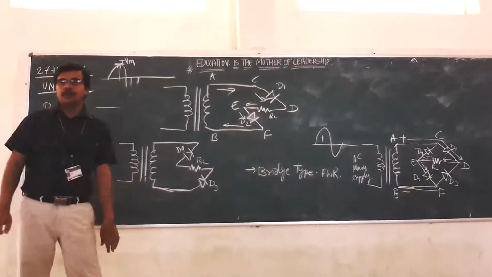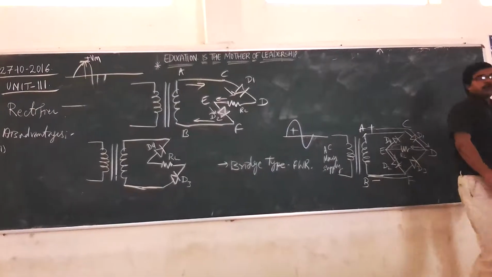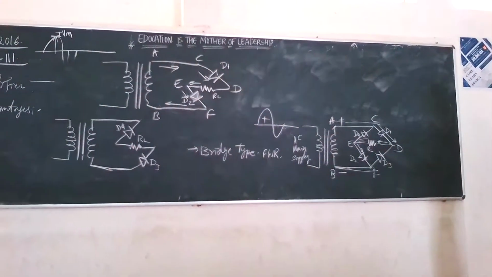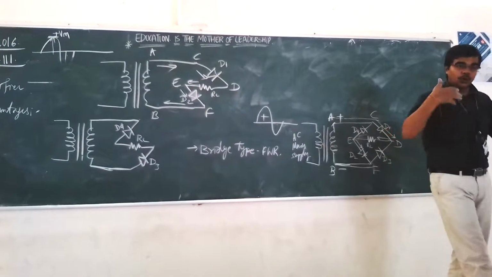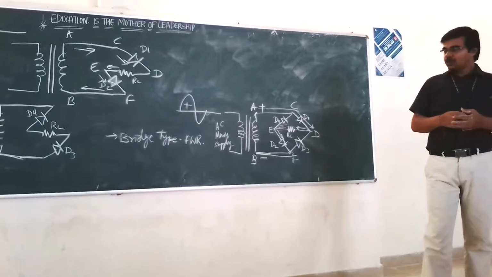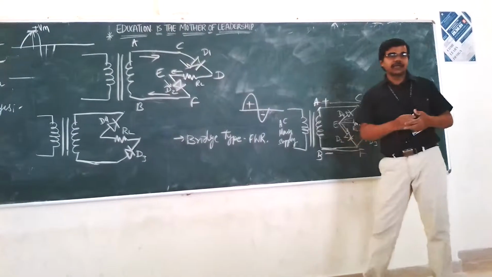This is during the positive half cycle. In one half cycle, 2 diodes are used. Now let us go to the negative half cycle.